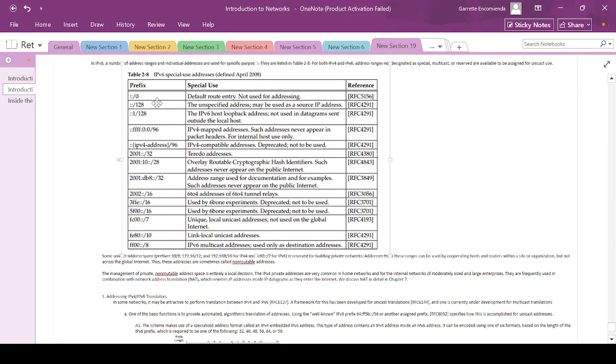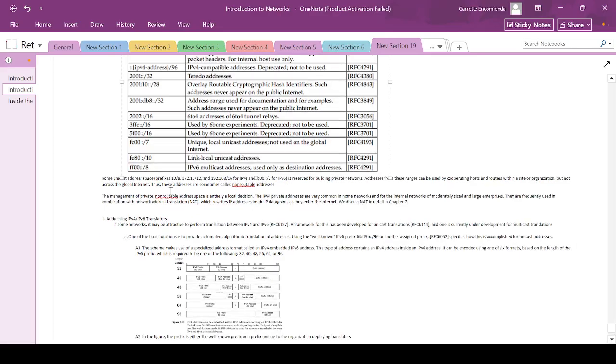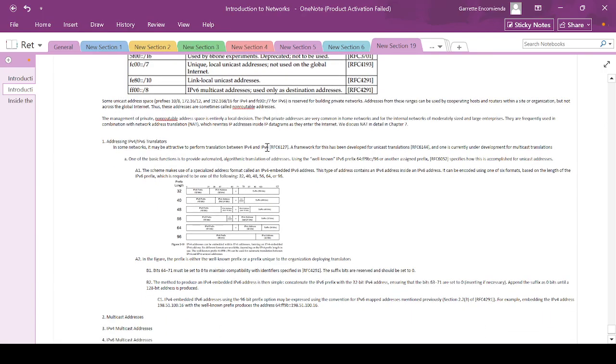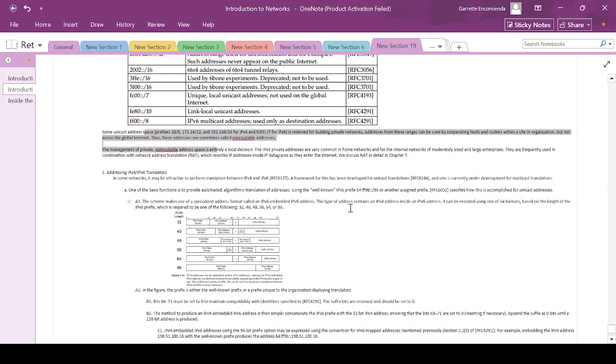So here we have ::/0, the default route entry, not used for addressing. ::/128, the unspecified address, may be used as a source IP address. FF00::/8, the IPv6 multicast address.